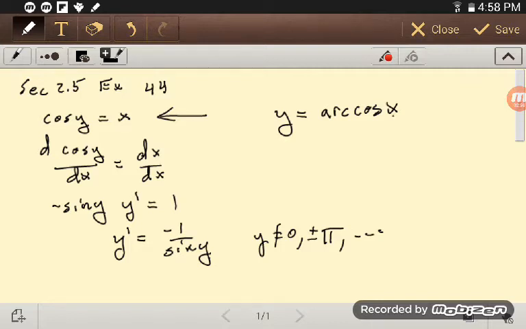Well, actually, I don't think that is a problem, right? If x equals 0, then cosine of what gives you 0? Well, cosine of pi over 2, and that sort of thing. So we can kind of work with y in the arc cosine of x function and look at what that looks like.